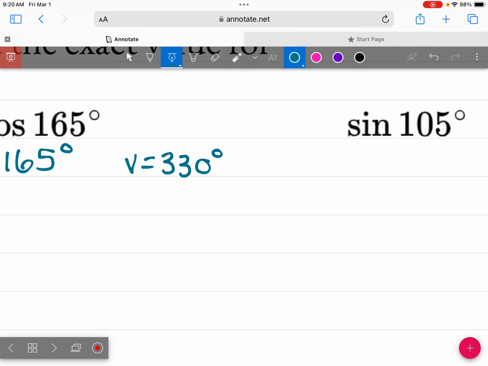And since 165 is half of 330, we can use the cosine half angle formula to evaluate cosine of 165, using the cosine of our 330. So we're going to substitute these values into our formula.